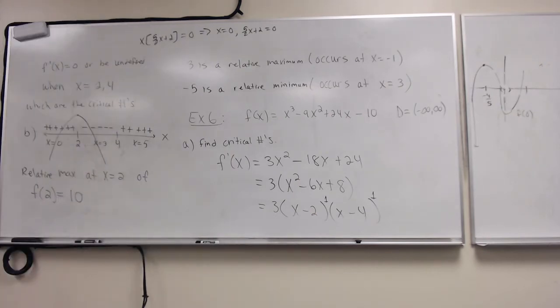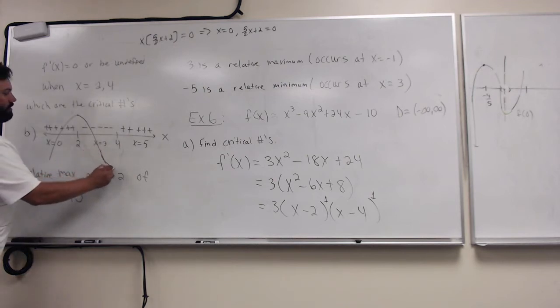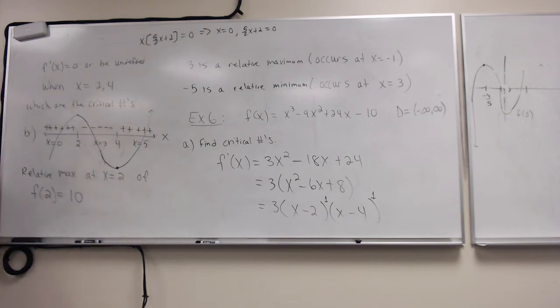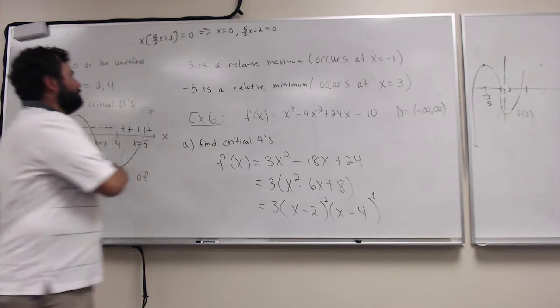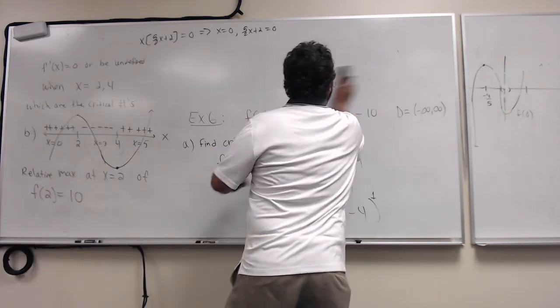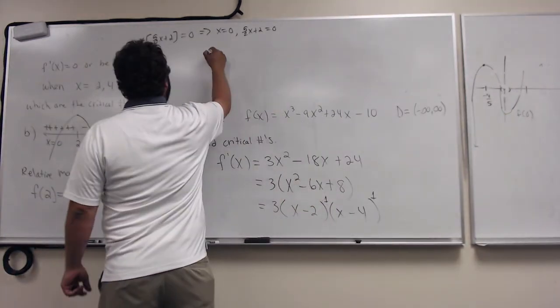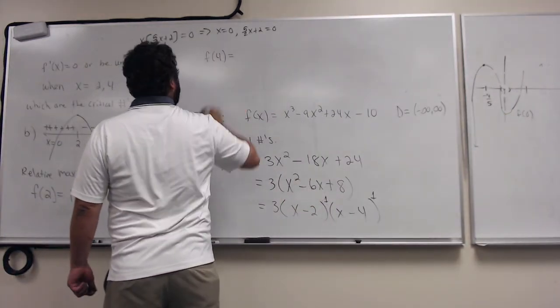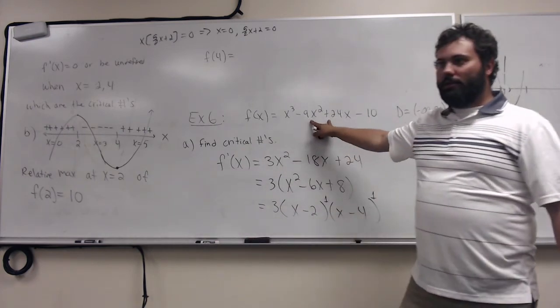And then what about at 4? What's happening here is the function's decreasing, decreasing until I get to 4. And then because the derivative changes to positive, now the function's going to be increasing. So at x equals 4, we have a relative minimum this time. I can just say it this way too. f of 4 equals, now has anybody plugged 4 into this yet? 6.